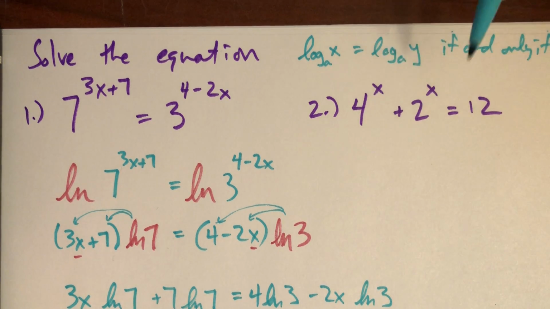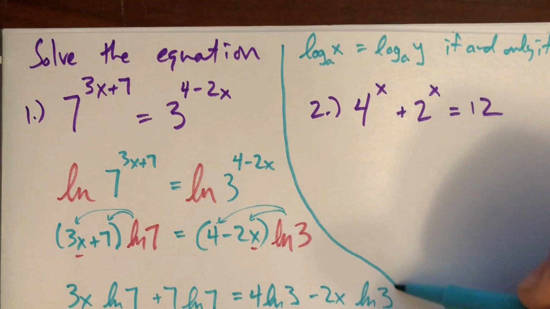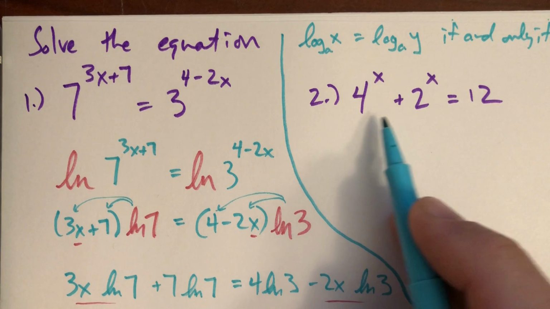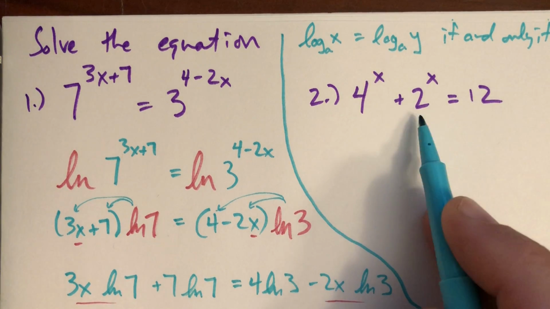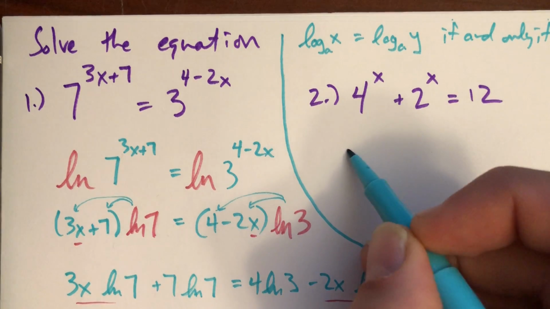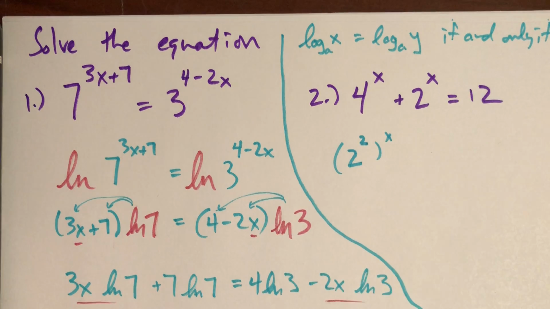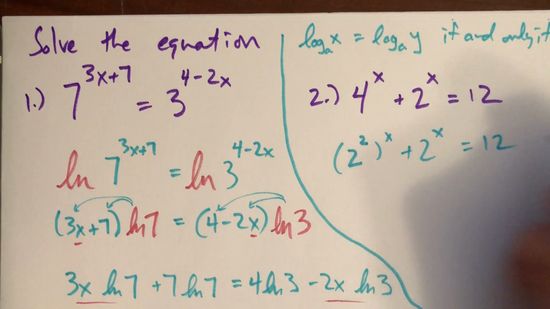So the trick with these is to notice that this has quadratic form. It's kind of sneaky in the way that it is quadratic form, but it is, right? We can rewrite these two things with the same base, 2. If I wrote this with a base of 2, I would have 2 squared to the x power, and then I've got the rest of it, plus 2 to the x equals 12.